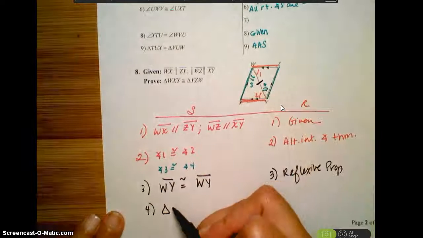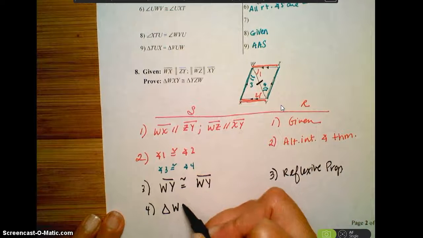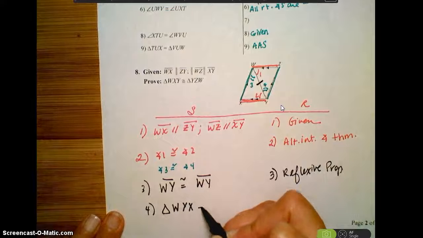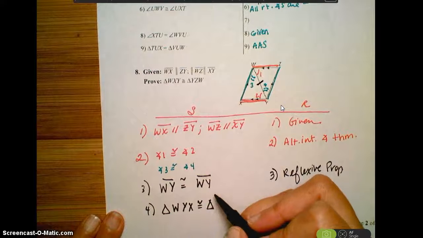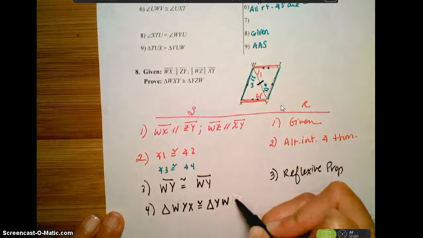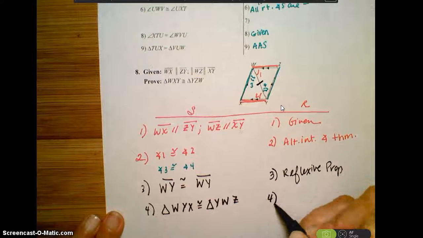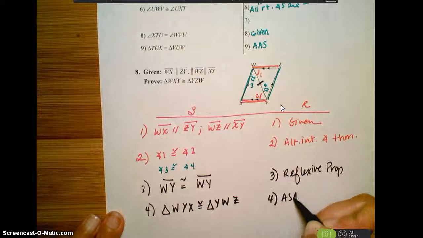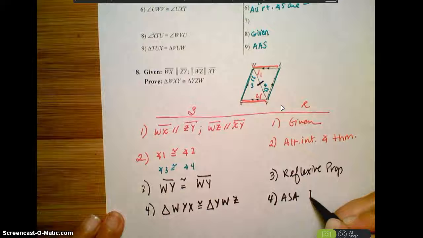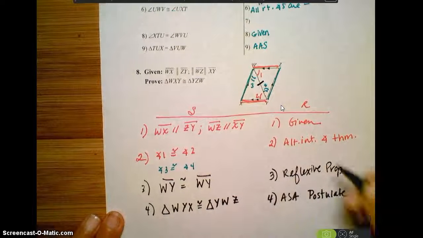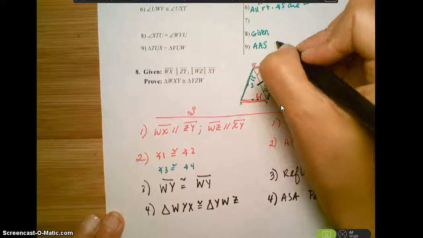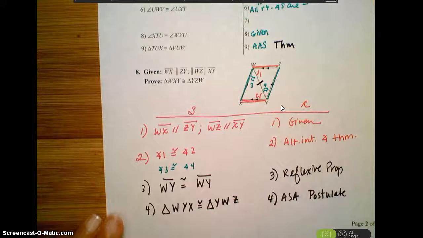Be careful to follow your correspondence. Triangle WYX is congruent to triangle YWZ, and our reason would be angle, side, angle postulate. And this would be theorem. Back up at the top.